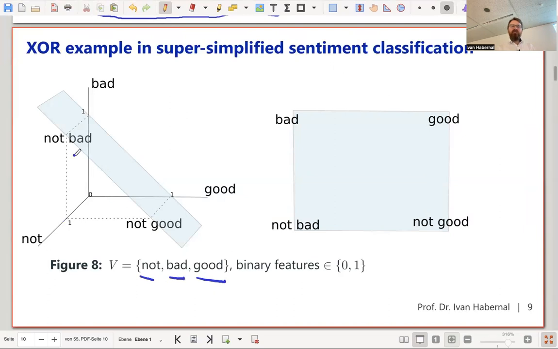These are 3 dimensions for the presence or absence of the word in the sentence, so sort of like a bag of words. If you see the word not in the sentence, the feature will have 1 here, and if you see the word bad, then the other feature will be 1. So if we have, for example, not and bad in the sentence, our feature vector will be 1, 1, 0. Makes sense? So we're basically projecting to three dimensions.